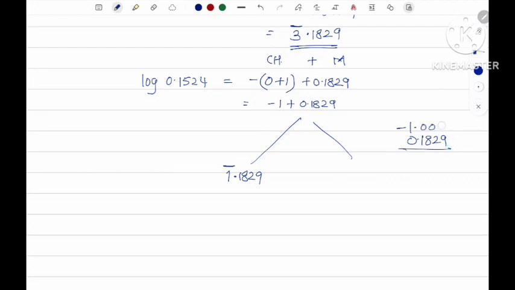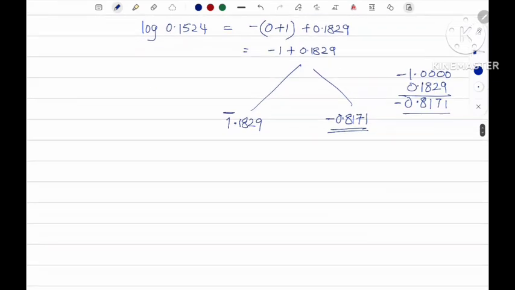Subtract, this will become 1 7, 1 7, 1 8, minus, or you can write it as minus 0.8171. So this is how we find the log.